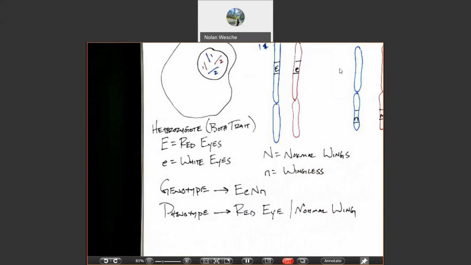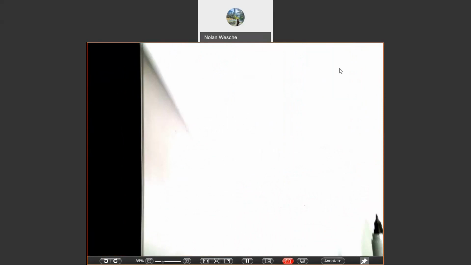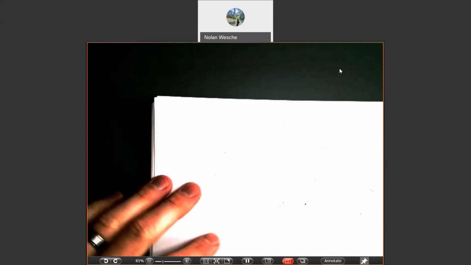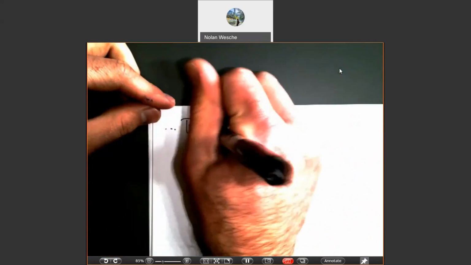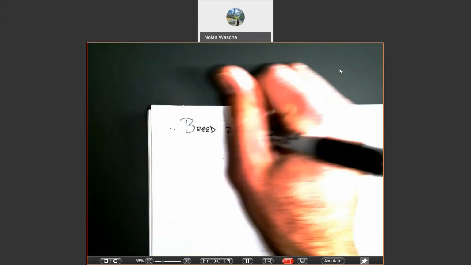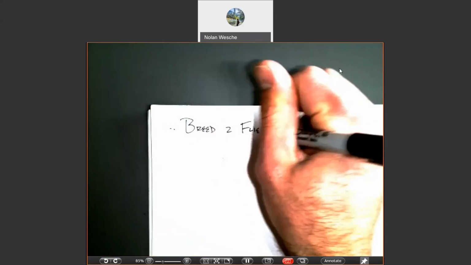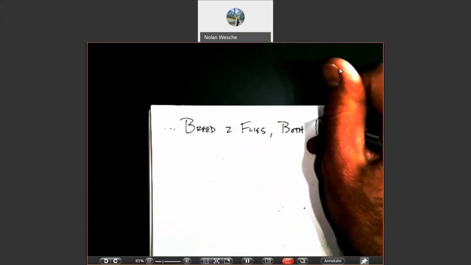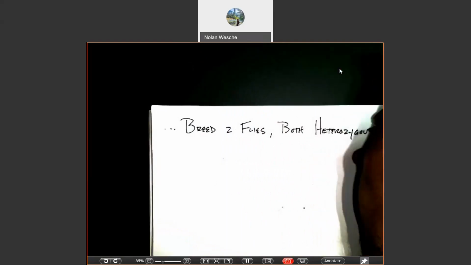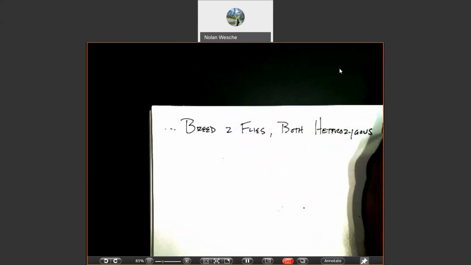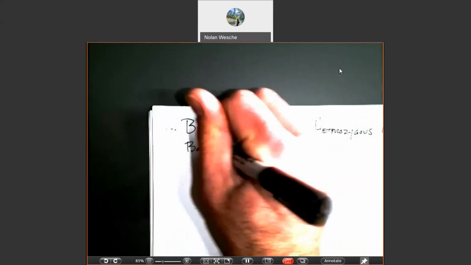So what we want to do is a Punnett square. And we're going to cross two flies, both heterozygous for these traits. So let's say that you were asked to breed two flies that are both heterozygous for both traits.